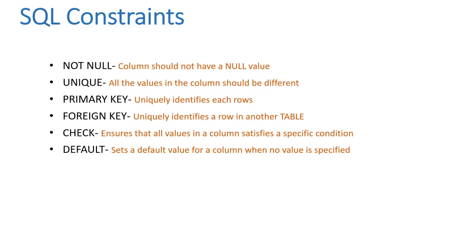Primary key. Primary key states that it uniquely identifies each row. If you use that particular column as the primary key, then automatically you are taking care of the unique constraint, right?